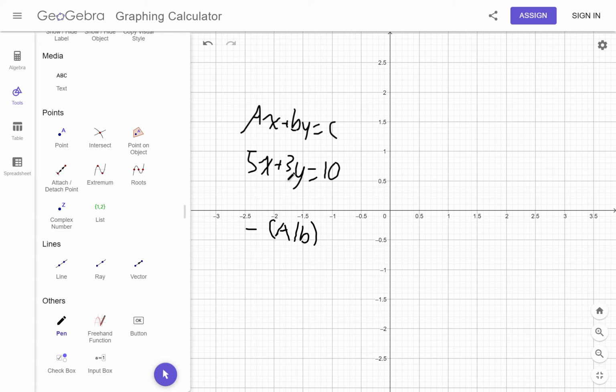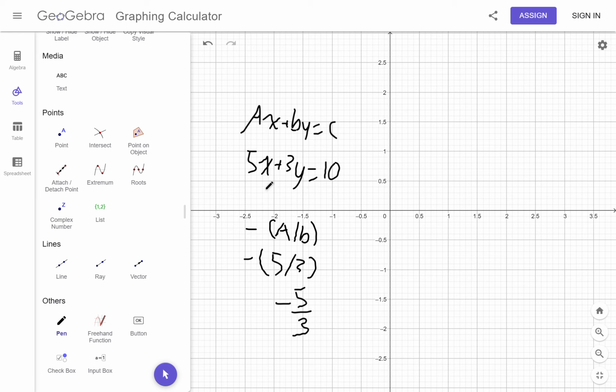So we plug these values into this formula: minus 5 over 3. This is equal to minus 5 over 3. So we know the slope now, but we still need to find the y-intercept or x-intercept. You only need to find one of these. You don't have to find both.